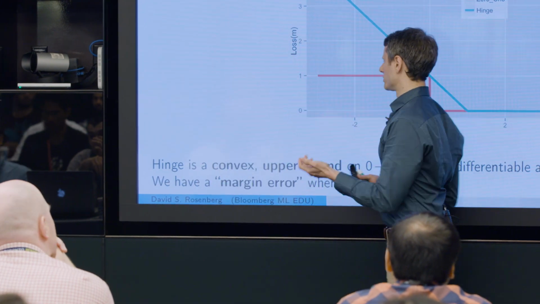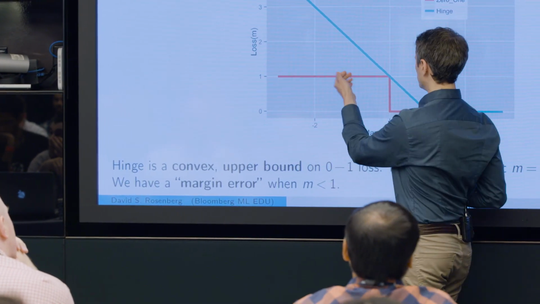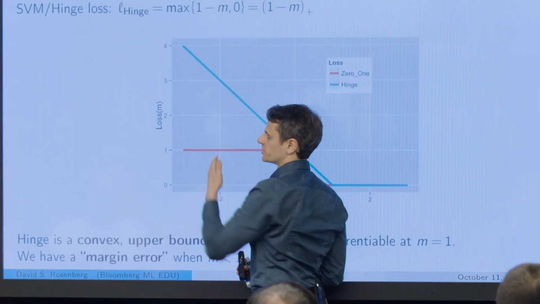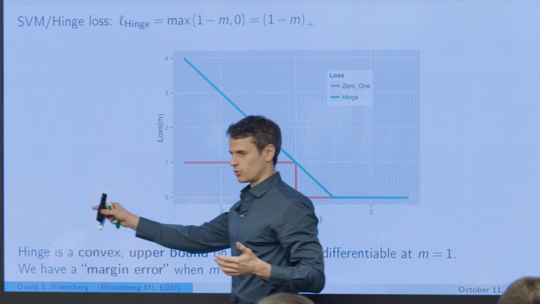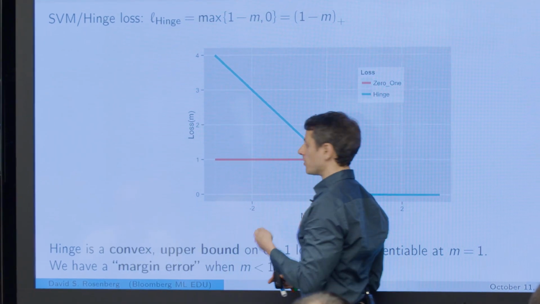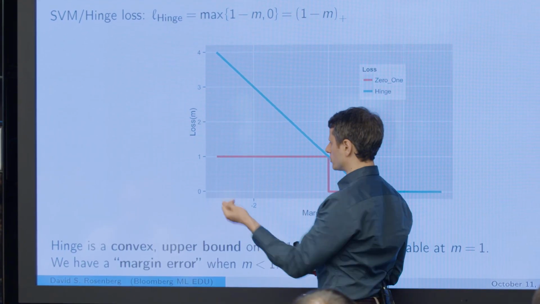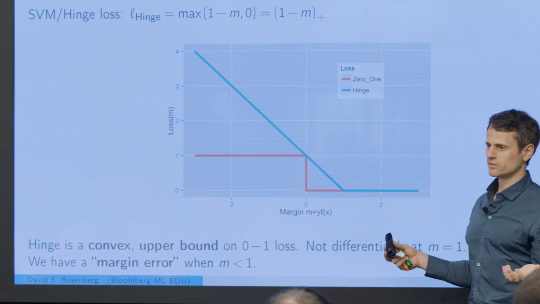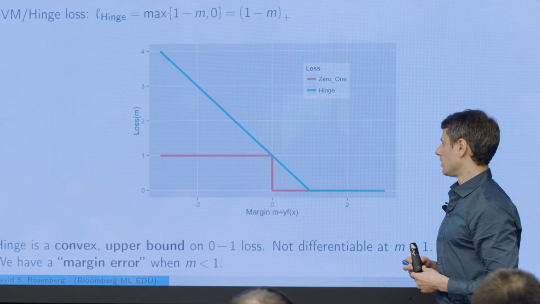The question specifically was, why do we want to keep penalizing more and more as the margin gets more and more negative when we could have some other smooth and convenient function that more closely approximates the 0-1 loss?